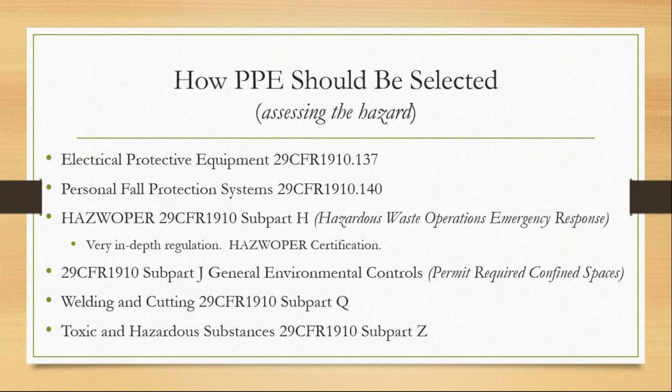Personal fall protection systems. If you have to have fall protection systems, you need to have someone who is very, very familiar with what is required in a system before you start buying stuff, because there are very specific requirements in fall protection systems.